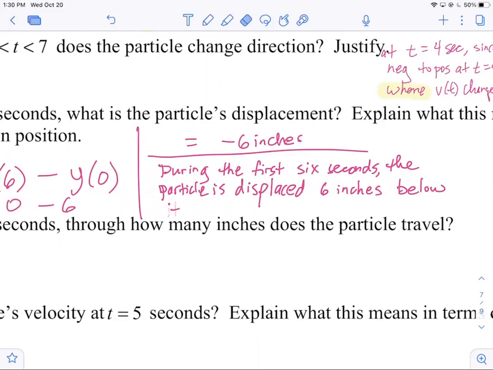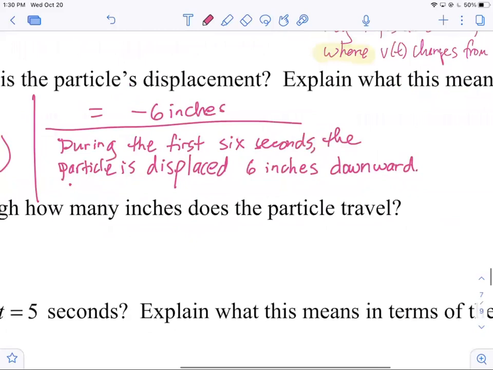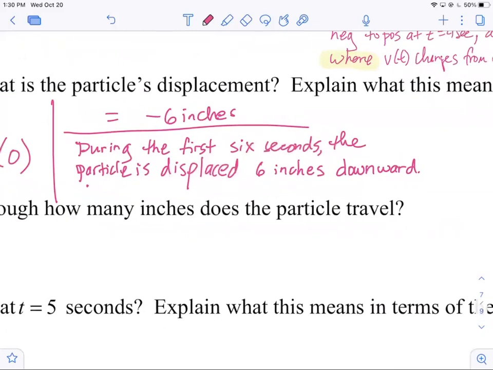Or you could just say it's displaced 6 inches downward. I like that. It gets the job done. Or 6 inches down, if you don't say downward. 6 inches below its starting position. All of that works.